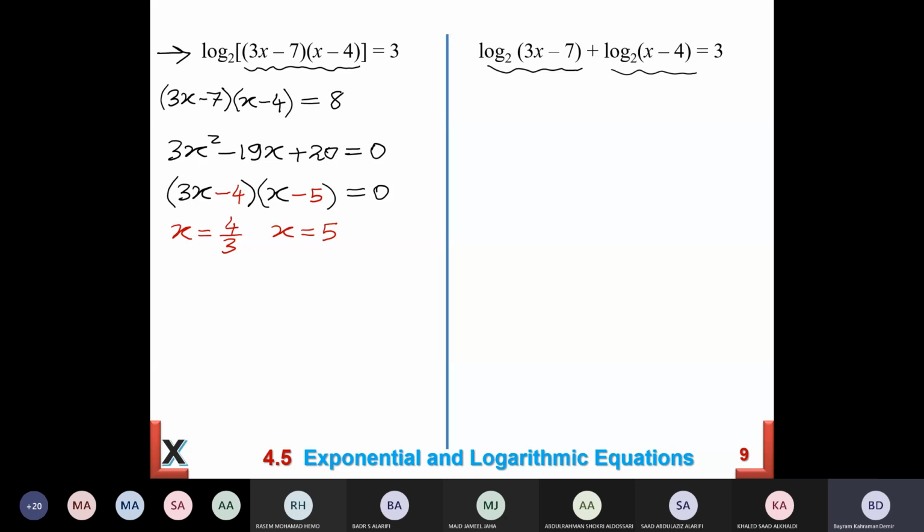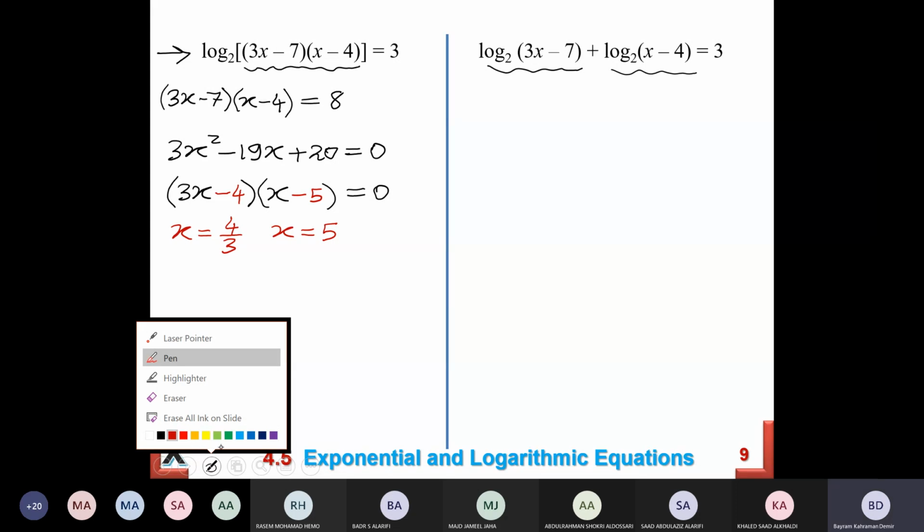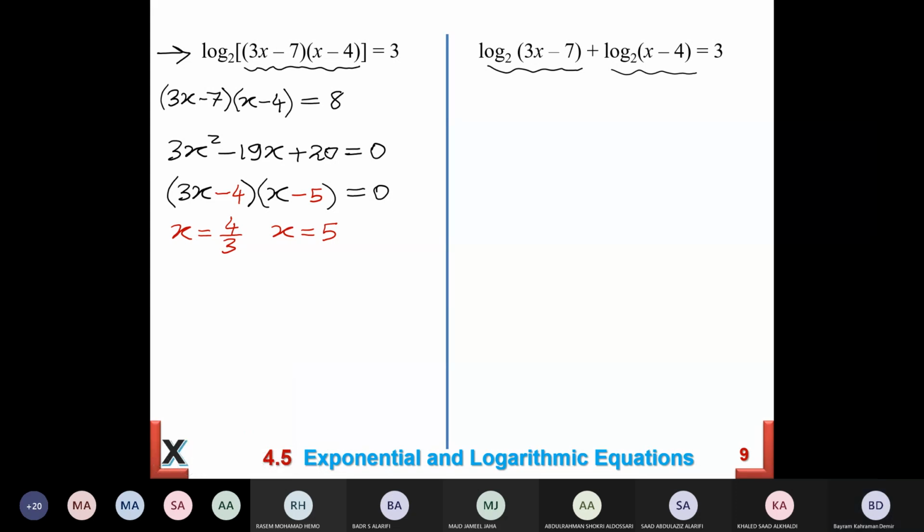Now I have to check whether these solutions are accepted or rejected. Let's take the 5. Can I replace x with 5 here? Then all are positive, so no problem; 5 is accepted.